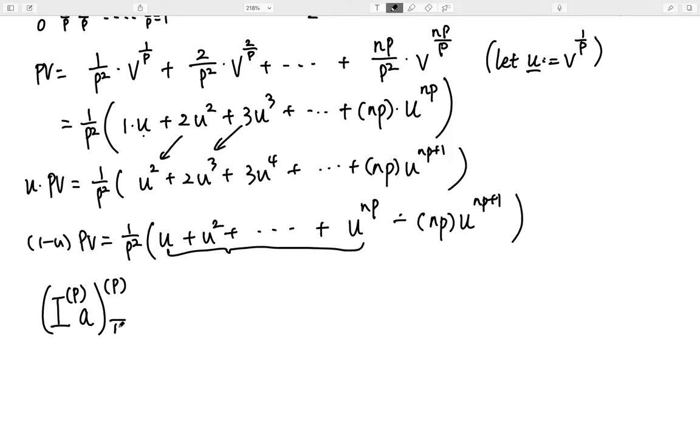And then we have angle N at I. So this equals the annuity due paid Pthly for N years at interest rate I minus NVN divided by IP.